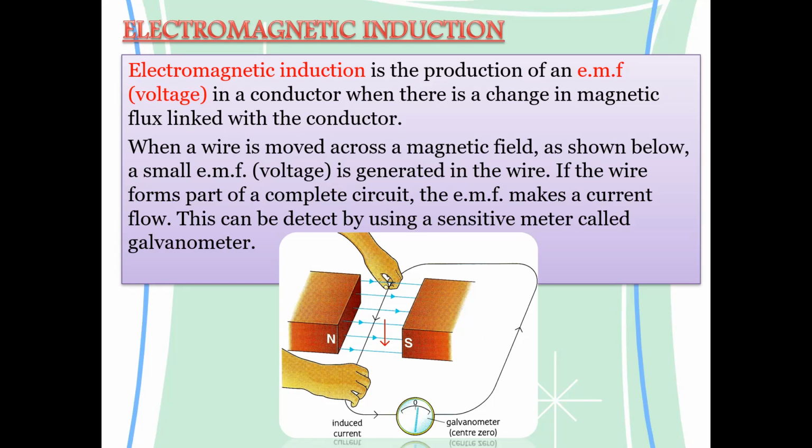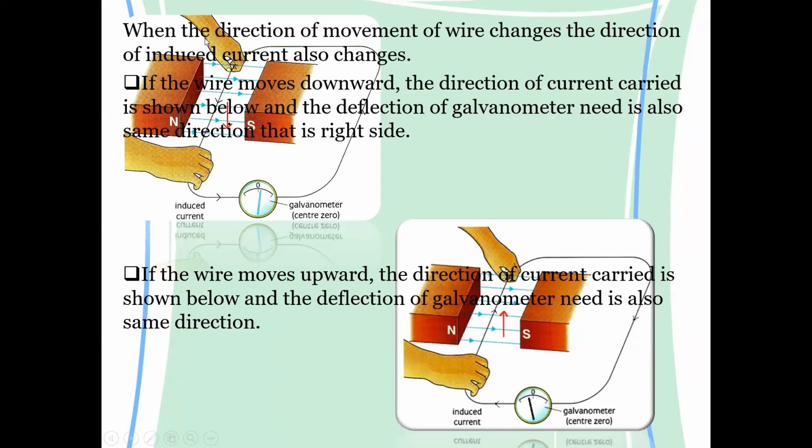When these coils are rotated, connected with a turbine, there will be a change in the magnetic field, and due to the change in magnetic field, it induces EMF. So electromagnetic induction states that a change in the magnetic field induces EMF in the circuit.